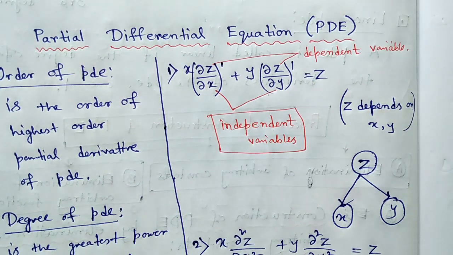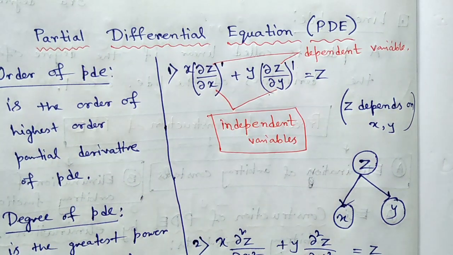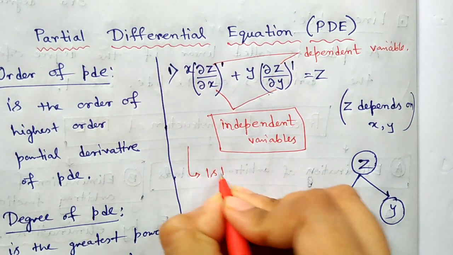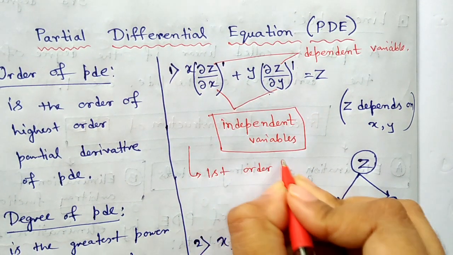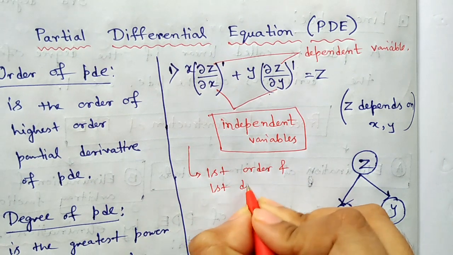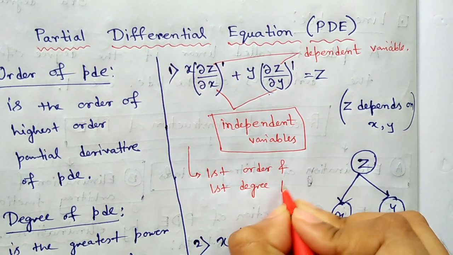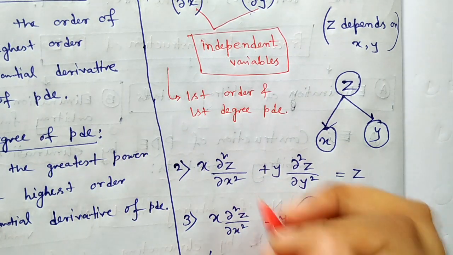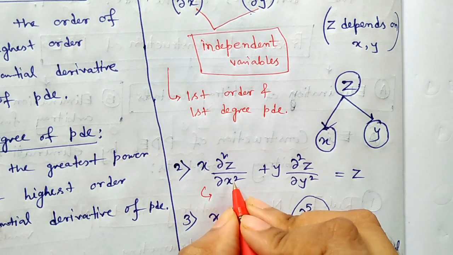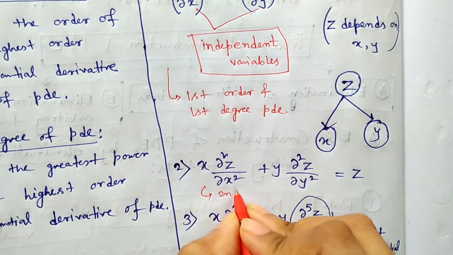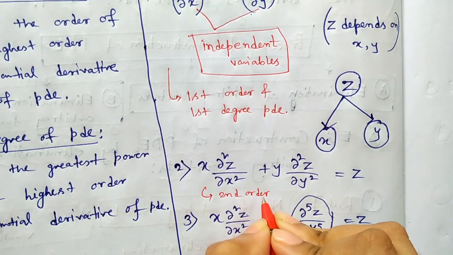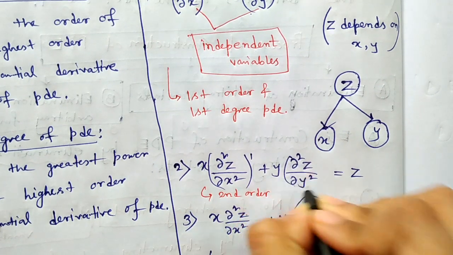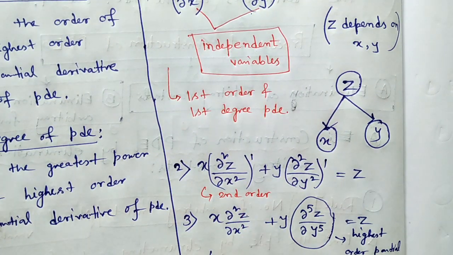Here also the power is 1. So the first one is first order and first degree PDE. Now the second one, in the second case, this is second order and also the highest power, see the power, that is 1, also here is 1.